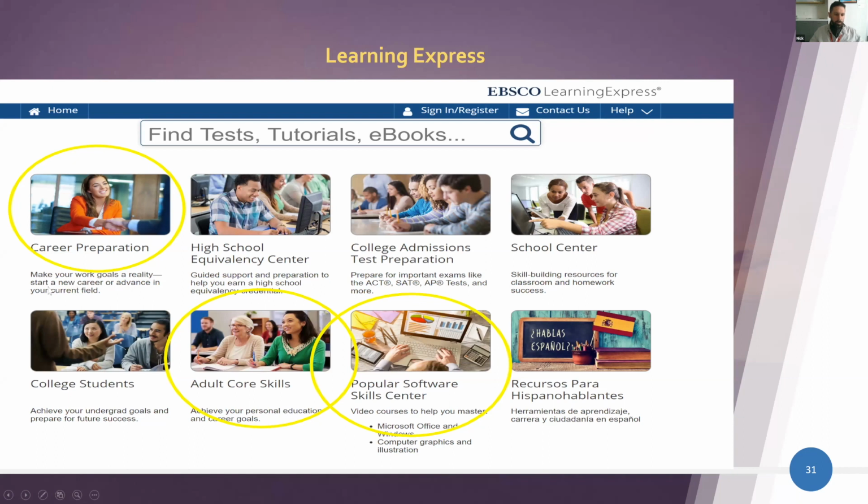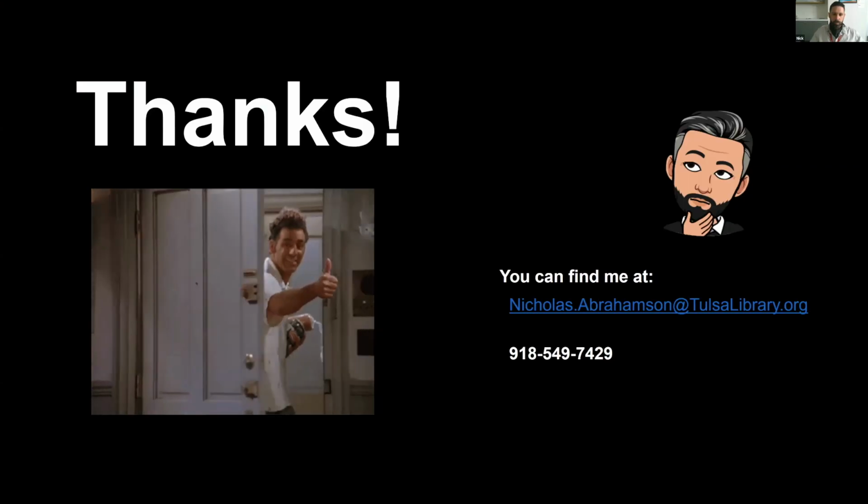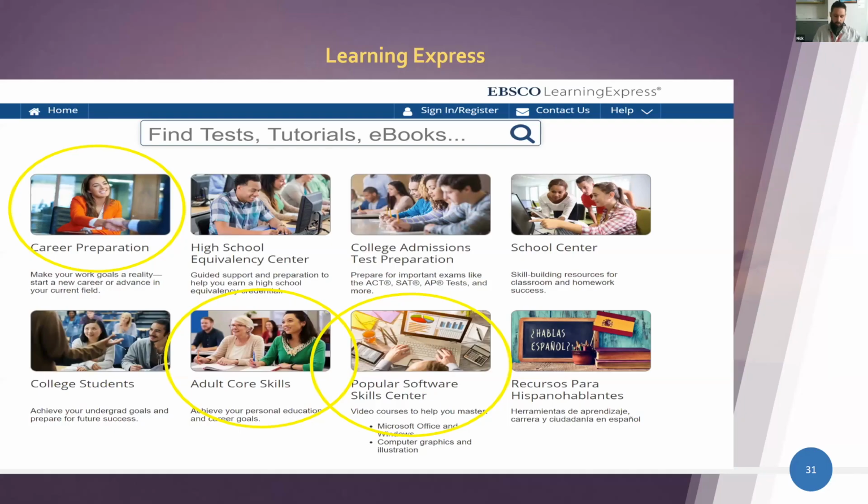You can start a new career, advance in your current field, adult core skills, popular software skills. This module mostly focuses on Microsoft Office and some limited graphics and illustration programming. It's not near as robust as Universal Class or Lynda.com. So let's take a look at that real quick as well.